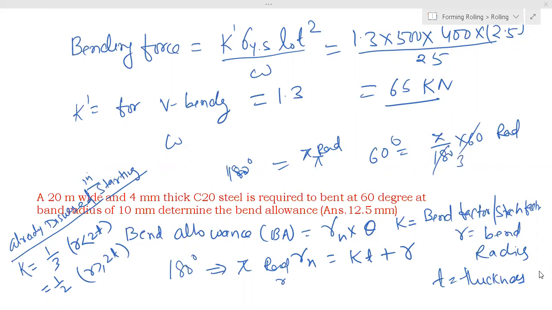Fine. It is good. Now everybody must solve your GATE. So it is not 12 here.